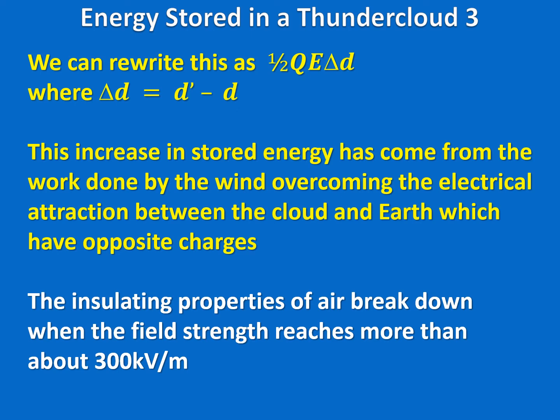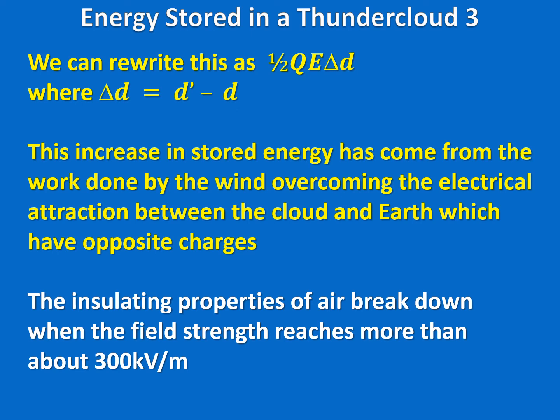And air has an electric field strength of about 300 kilovolts per meter. So if you exceed 300 kilovolts per meter, you get dielectric breakdown and the charge can pass through the air.